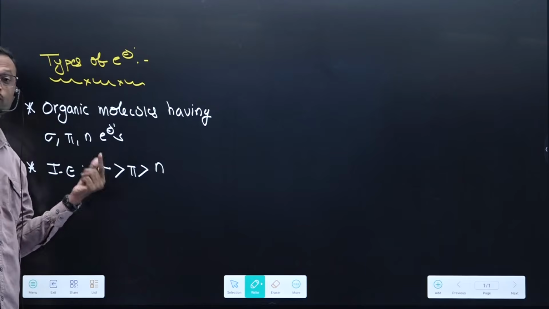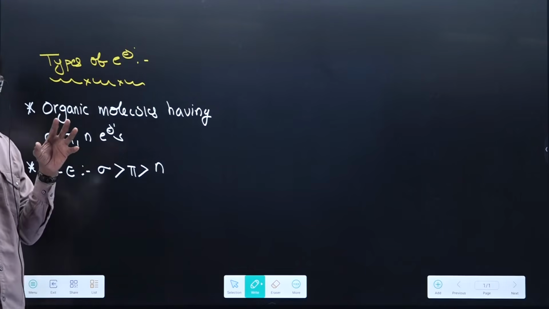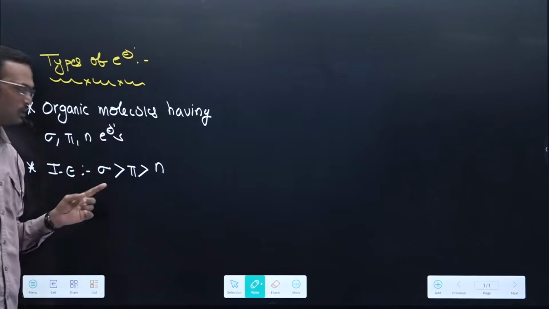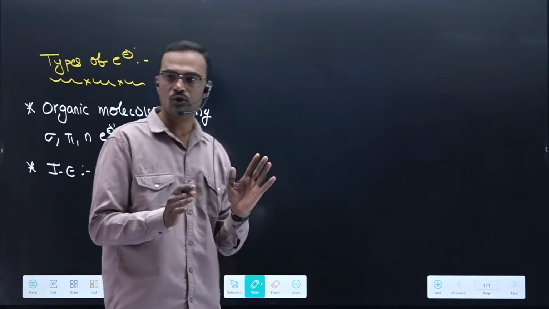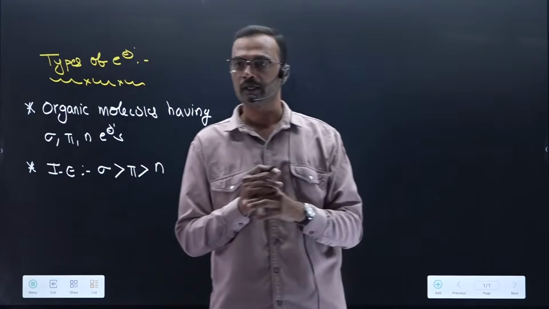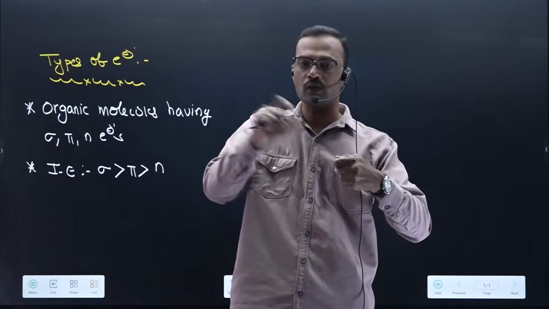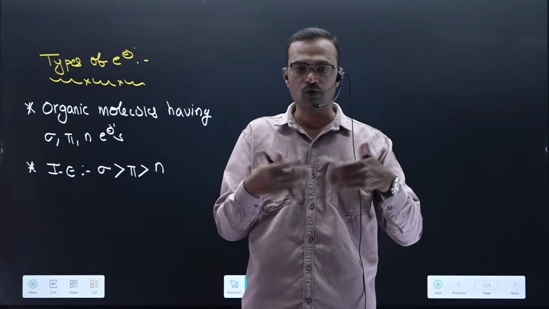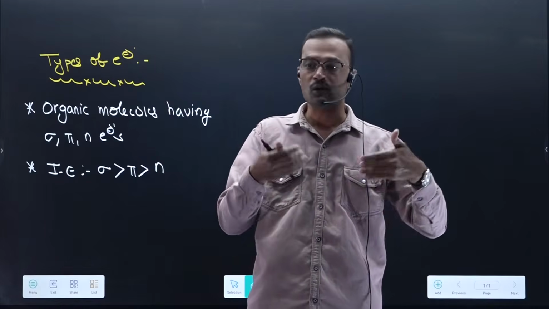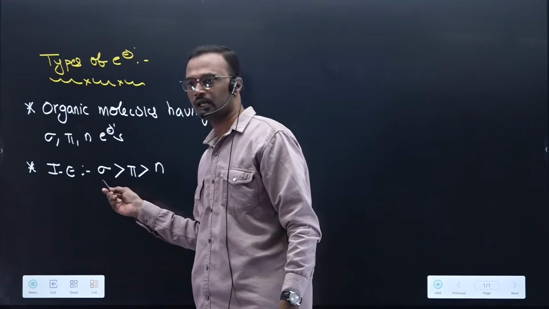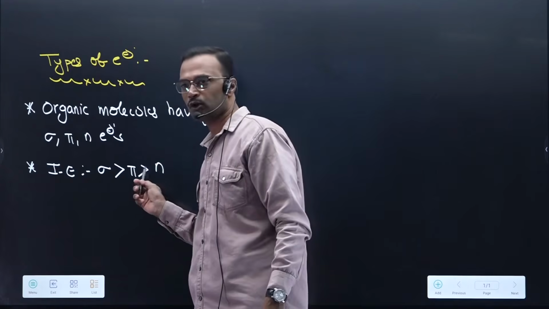Sigma electrons require more energy to remove as compared to pi and non-bonding. Between sigma and pi electrons, which are very strongly bonded? Sigma electrons. If the bond is very strong, ease of removal is low, which means we need to spend more energy. That's why in the ionization order, sigma has a higher ionization potential than pi, followed by non-bonding.